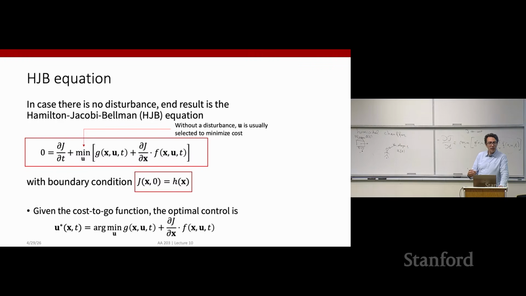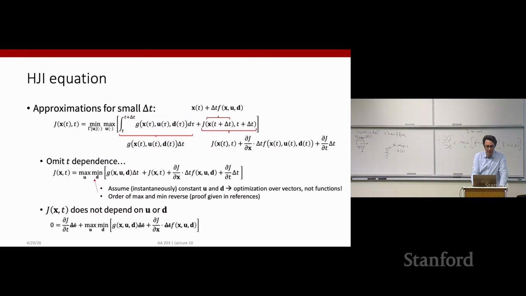We argued that a good model is to assume that player 2 is restricted to take actions that are not anticipatory, so it can only get to see what you've done so far, including the current time. That gives a slight advantage to player 2, which is captured by the specific formulation of the problem, where we do a min-max.